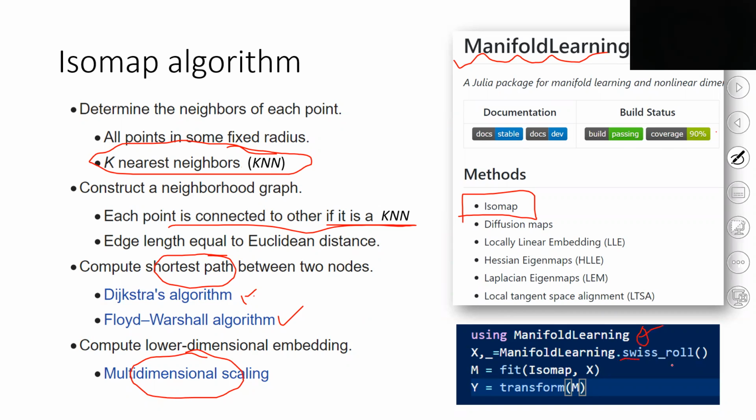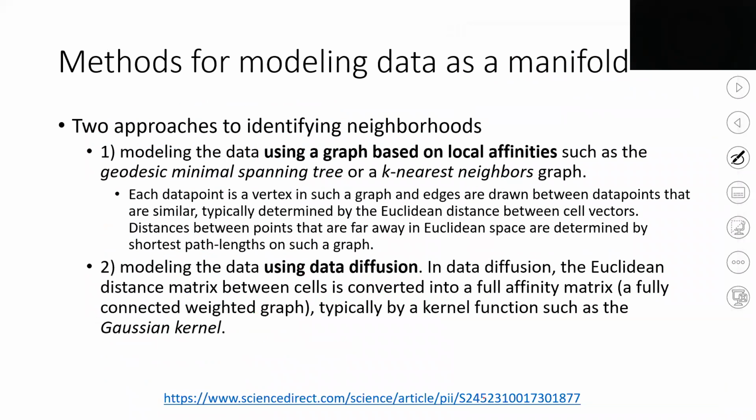You load this Swiss roll example into X, and you fit, and you transform, then you get the projection of Y. So you fit this model using this method, and then you get the projected position of those. So KNN is graph-based.